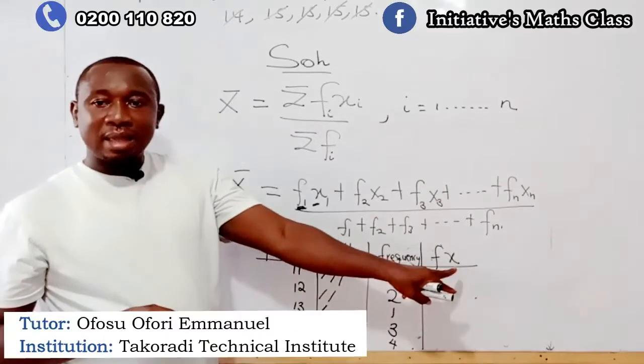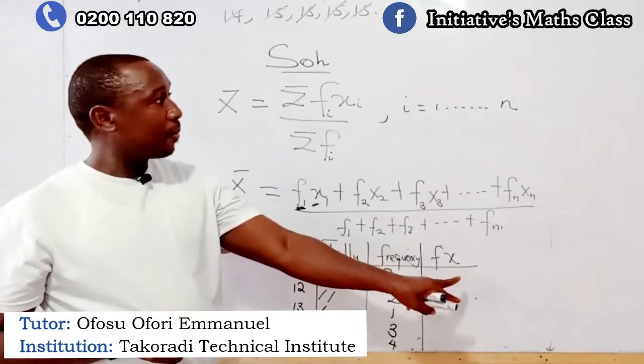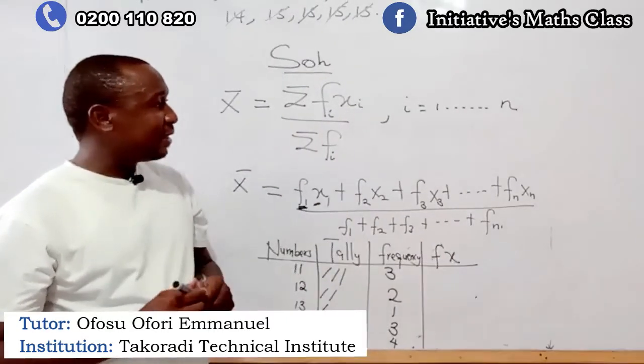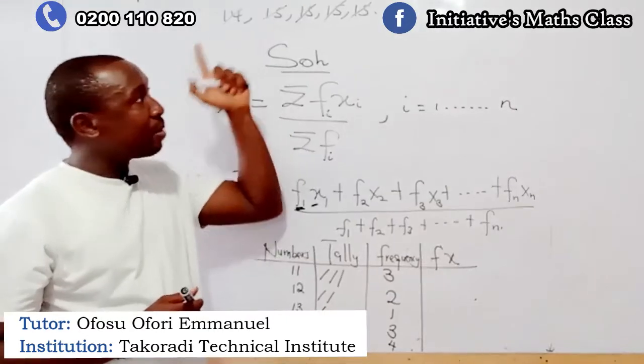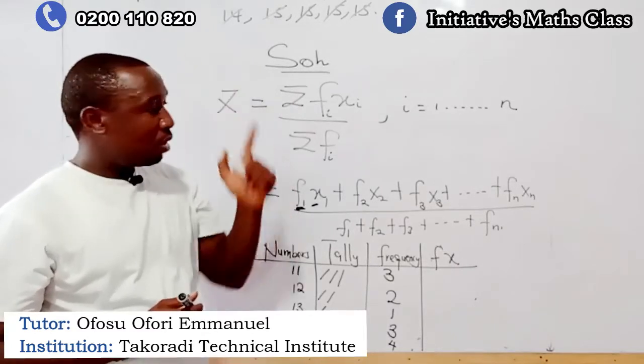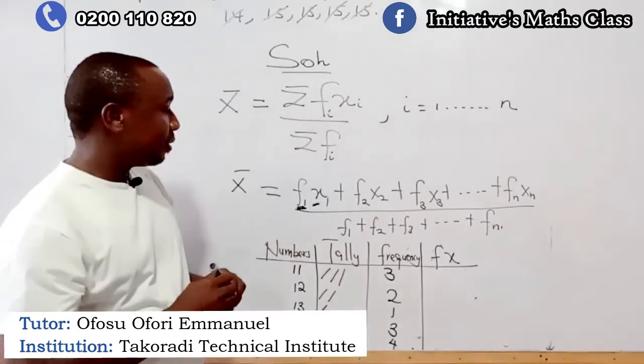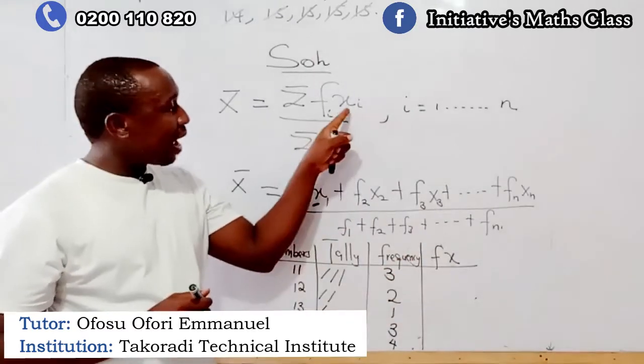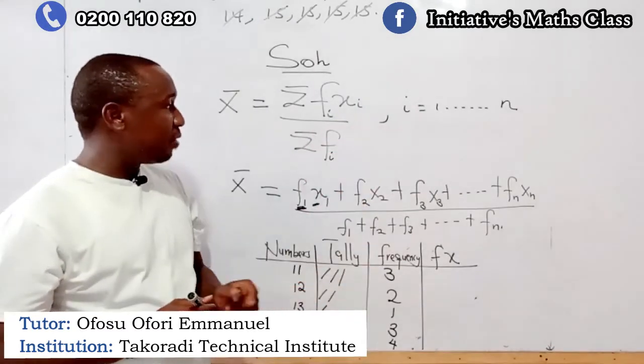We need to understand what we mean by the fx. We earlier defined the xi from the previous example, that the xi represents the observations.